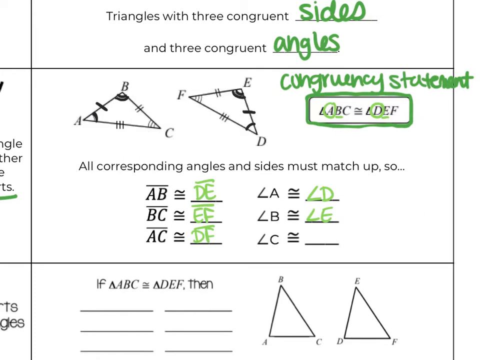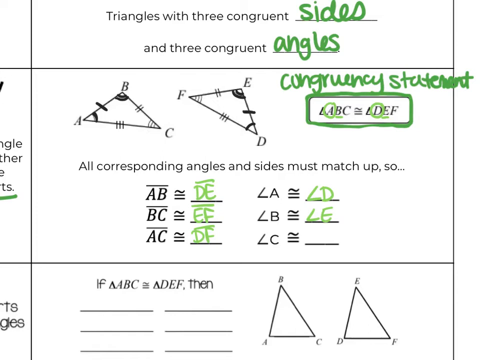So B and E would get 2 because they're congruent to each other, but not to A and D. So we want to clarify that difference by putting the 1 on those and then the 2 on B and E. Okay, so make sure you kind of add to that as you go.